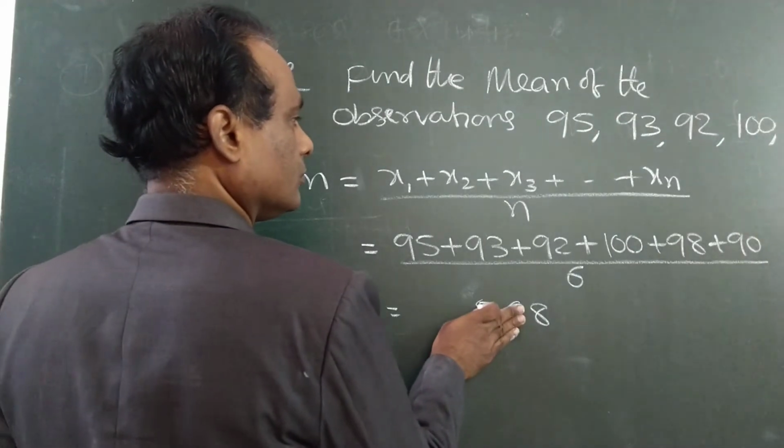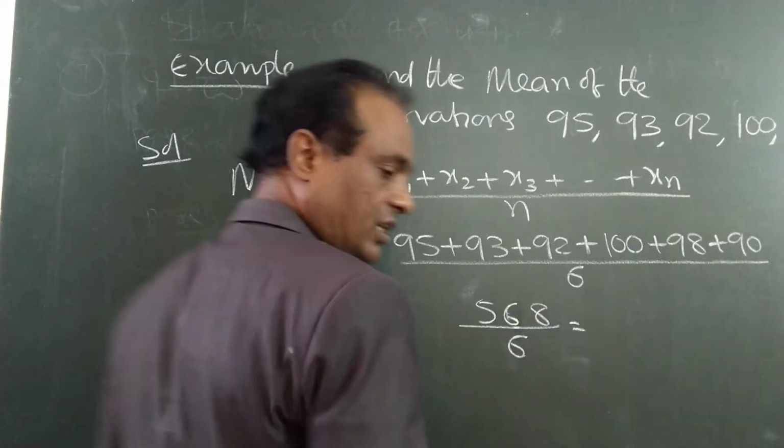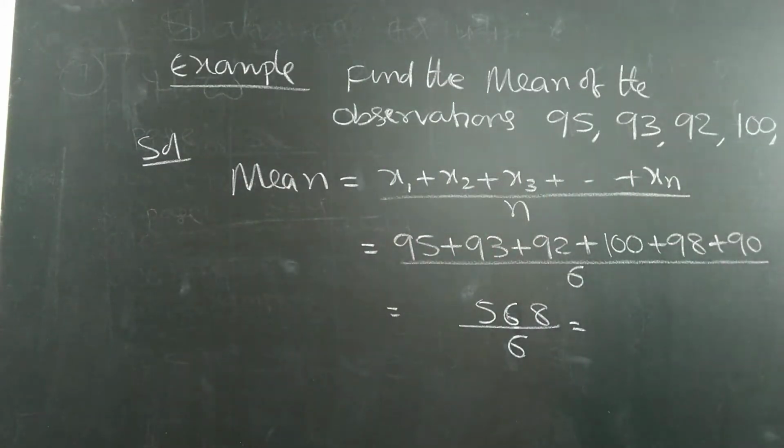How much? Is it correct? Is it 568 total? What is the answer?